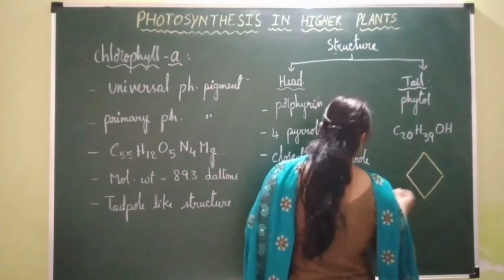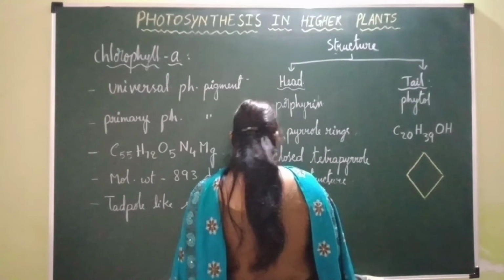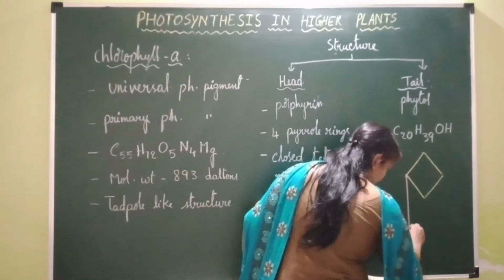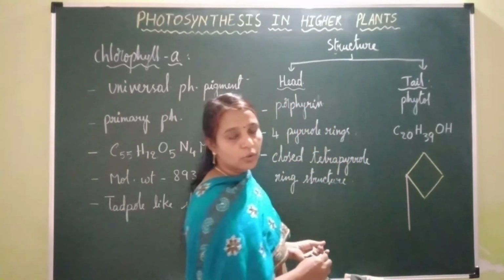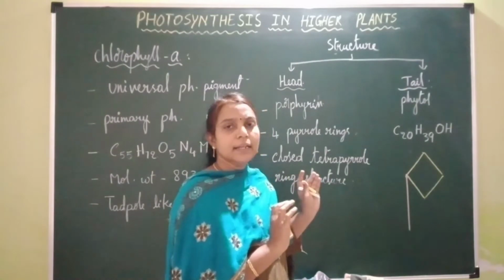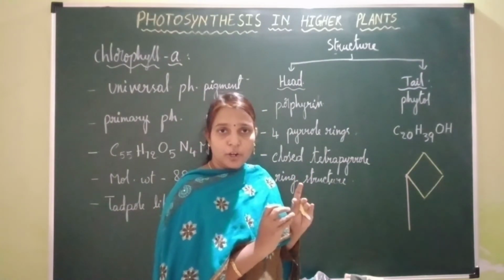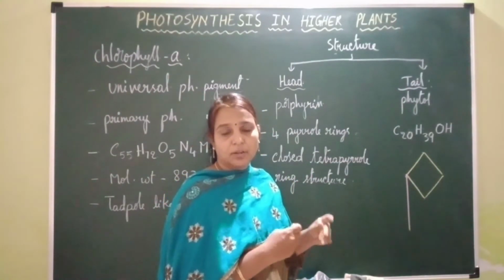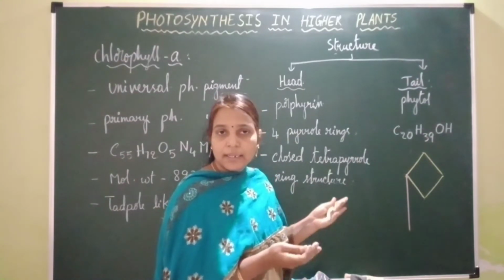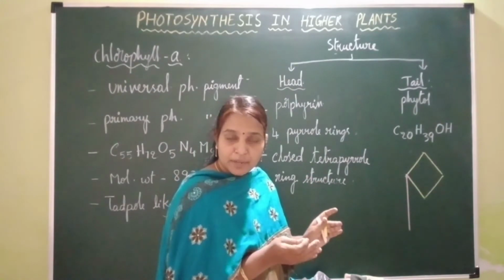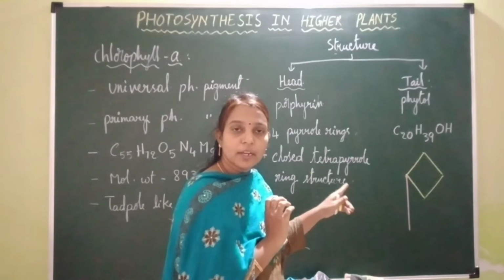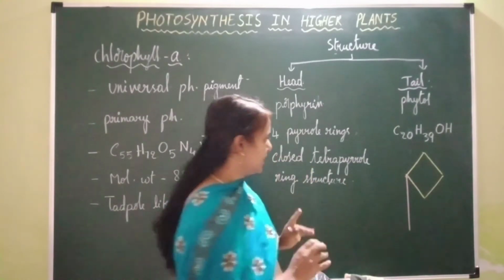To this head, the tail is attached. With the help of this tail, chlorophyll A attaches to the thylakoid membrane present inside the chloroplast, where all the photosynthetic pigments are present.